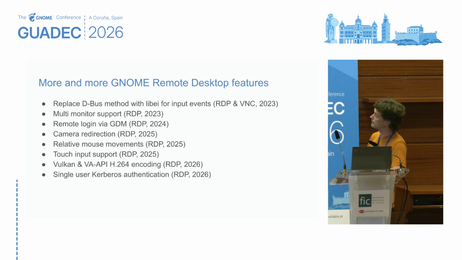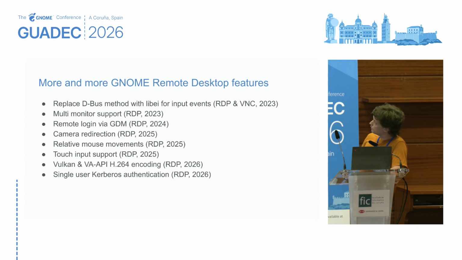And since then, more and more stuff has been happening. We have this new libei thing, so we went and replaced all the input method plumbing with libei, which meant not only got rid of that old D-Bus methods, but the remote desktop server got more control about how exactly input works, and could do more things.